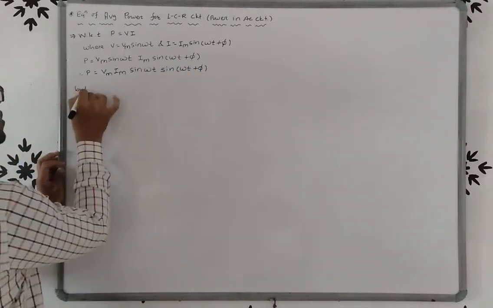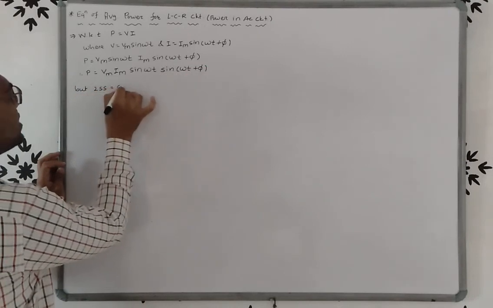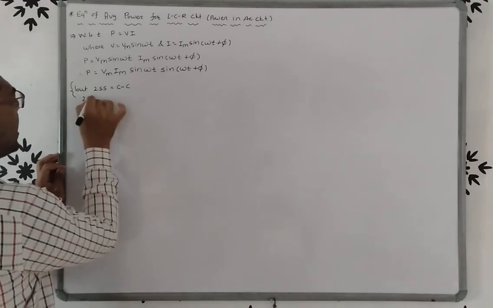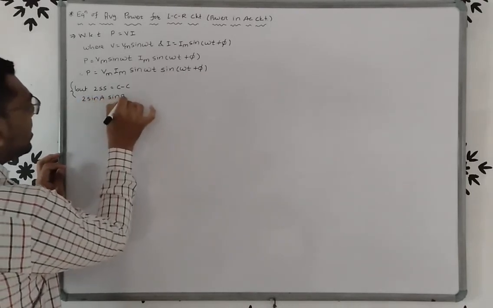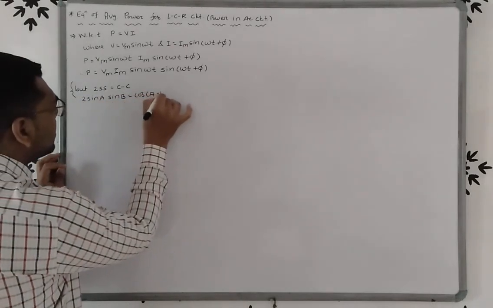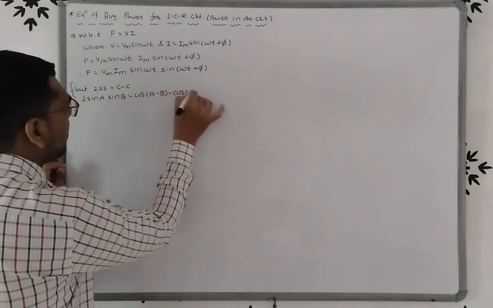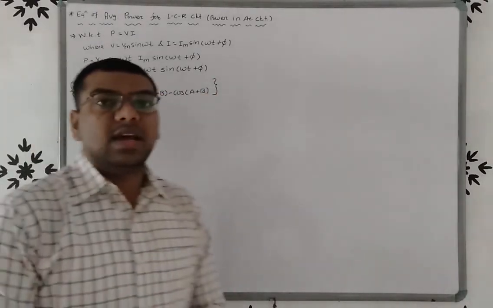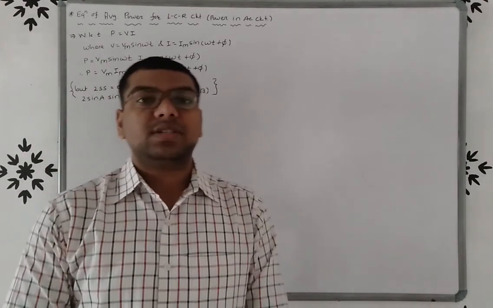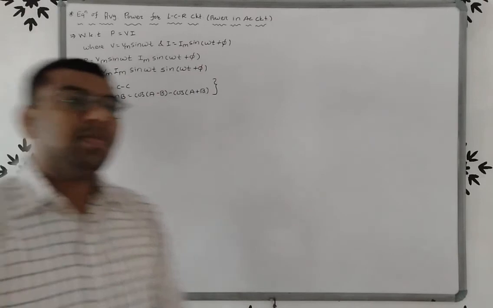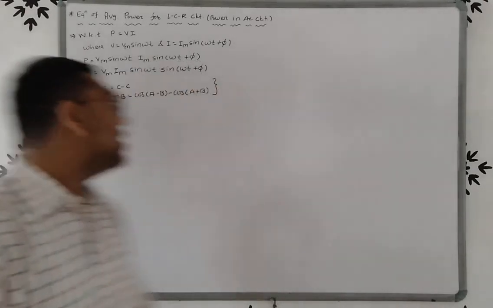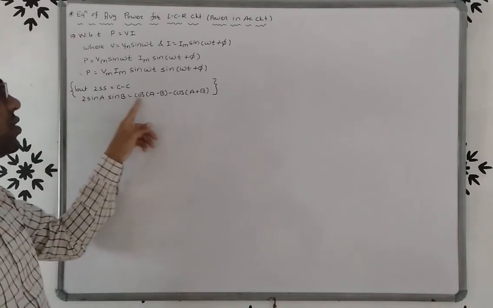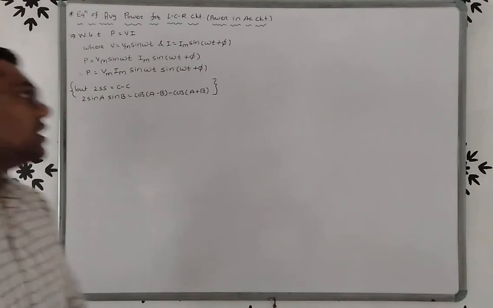But 2 sin A sin B is equals to cos A minus B minus cos A plus B. This is the formula that you have to remember. The A group students already know this formula, but B group students, you have to remember this formula.